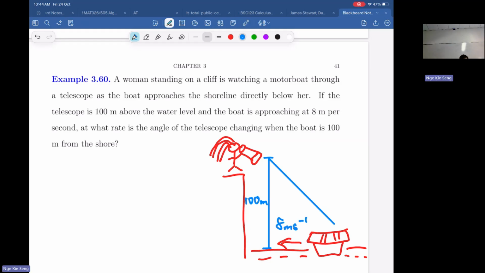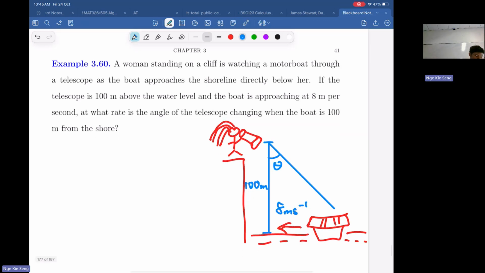At what rate is the angle of the telescope changing when the boat is 100 meters away from the shore? So the question is about this angle here. So again, there's another 100 meters here.